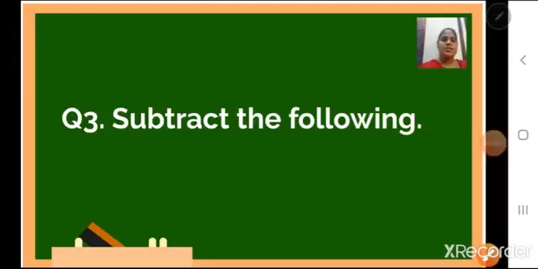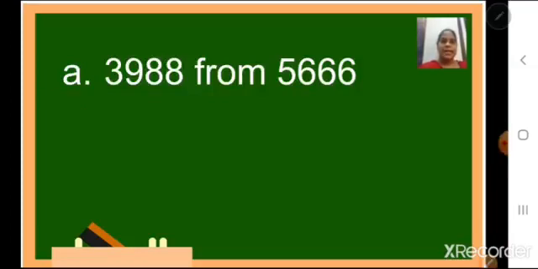Moving towards question number 3, subtract the following. In that, a question is 3988 from 5666. Children, in this question they have not given us the boxes. The formation of the question is different.